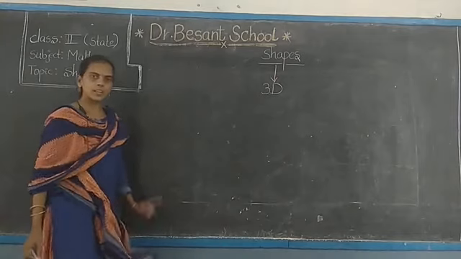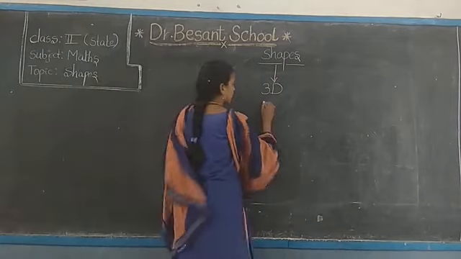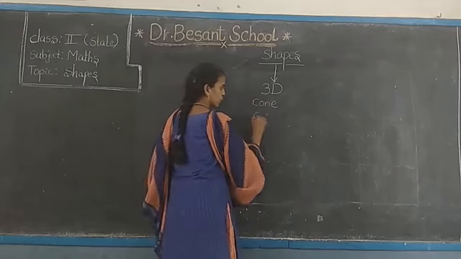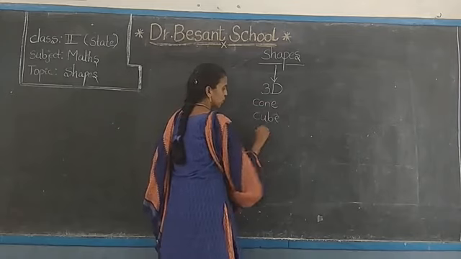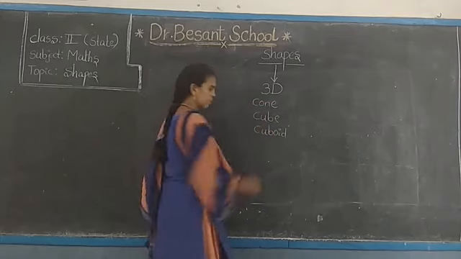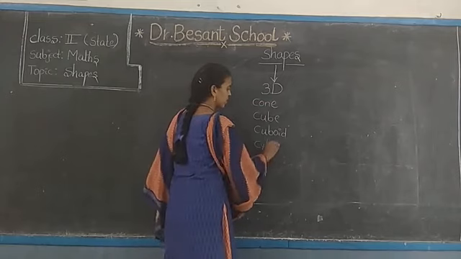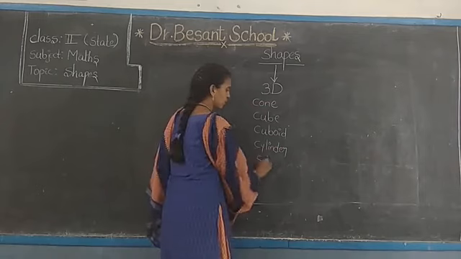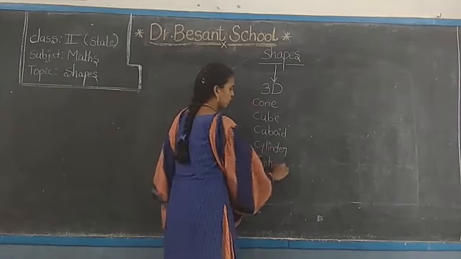Three-dimensional figures are nothing but cone, cube, cuboid, cylinder and sphere. So what are 3D figures?